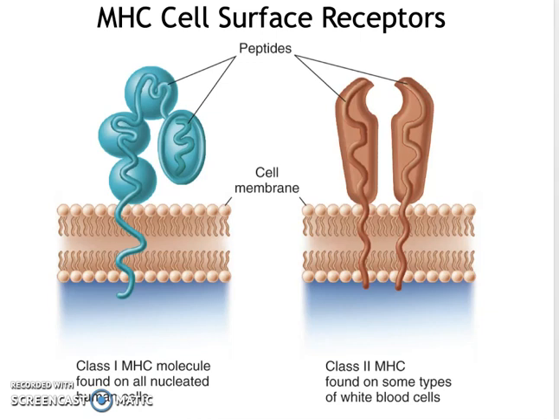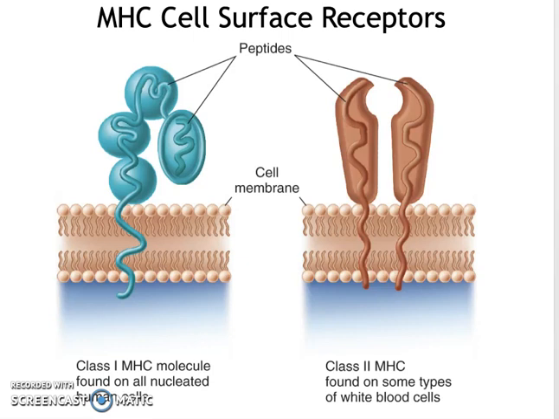Every individual on Earth has a different MHC class I cell surface receptor. And the way your immune system recognizes if a cell belongs in your body or not is it looks for the MHC class I cell surface receptor specific to you. If the cell does not have your specific MHC class I cell surface receptor, those cells will be targeted for destruction.